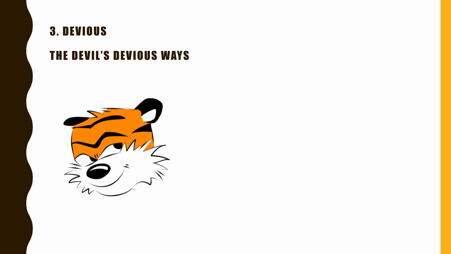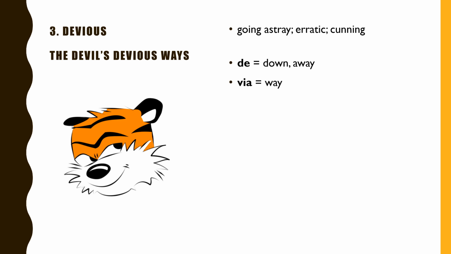Devious. The devil's devious ways. Devious means going astray or erratic, not behaving correctly, right? We've seen that word. And cunning, as in being deceitful and cheating. So the prefix here is de, which means down or away, and via. Via is way.